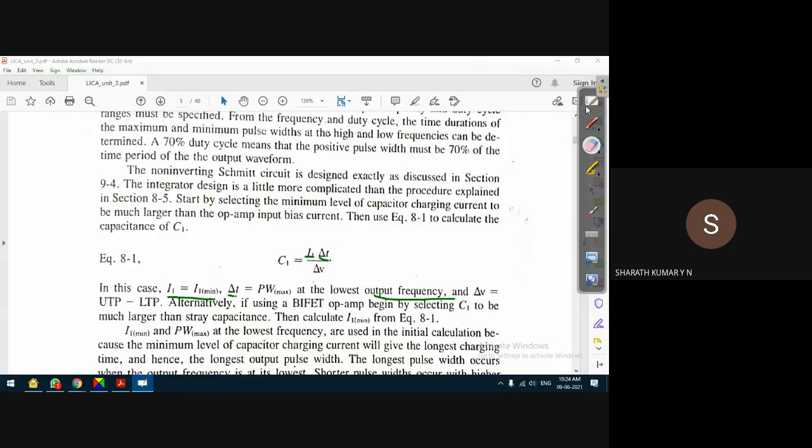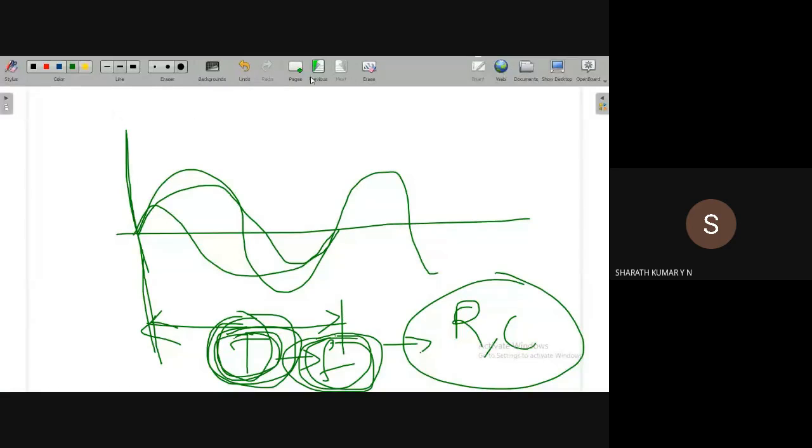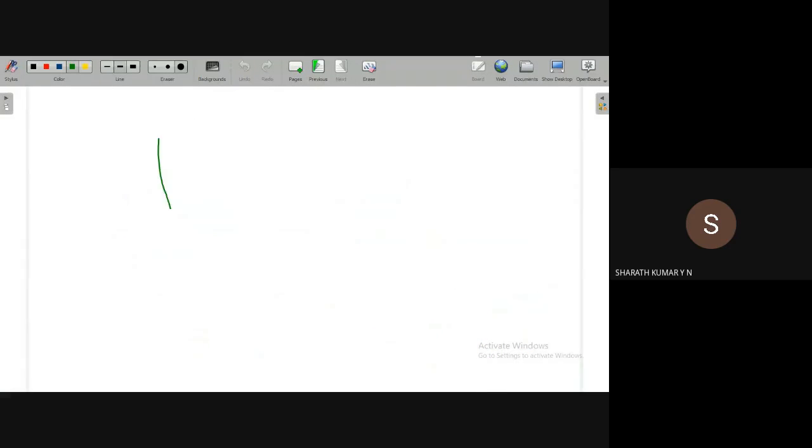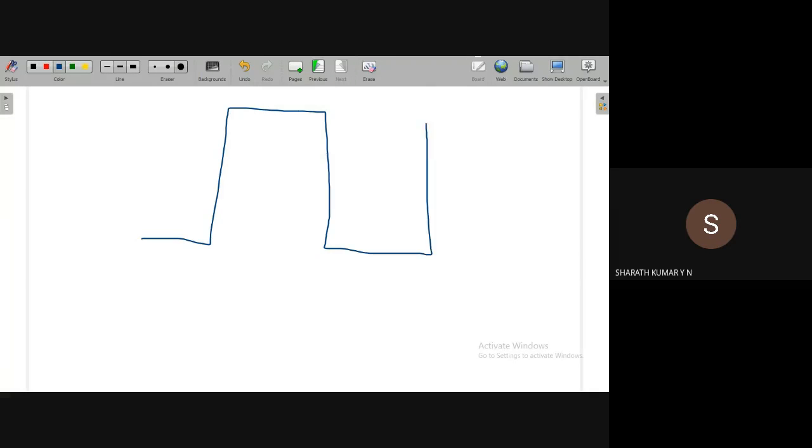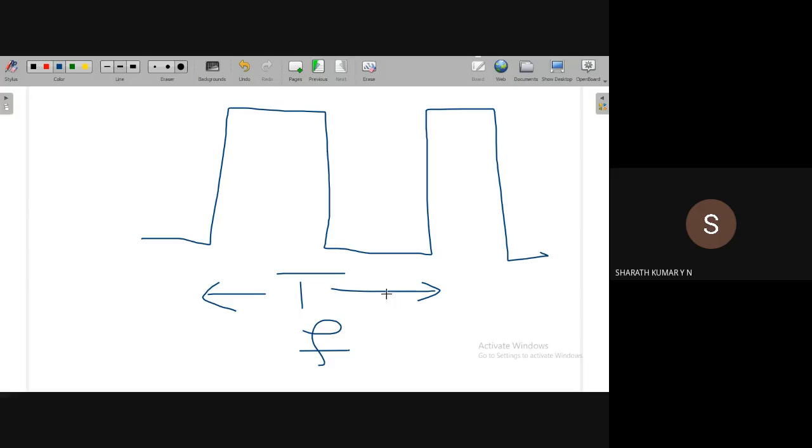The meaning of that is very simple, guys. Let me take a square pulse, for example, with some time period. This gives a frequency f. Keeping the frequency constant, that means keeping the time period constant, we can generate variation in duty cycle.